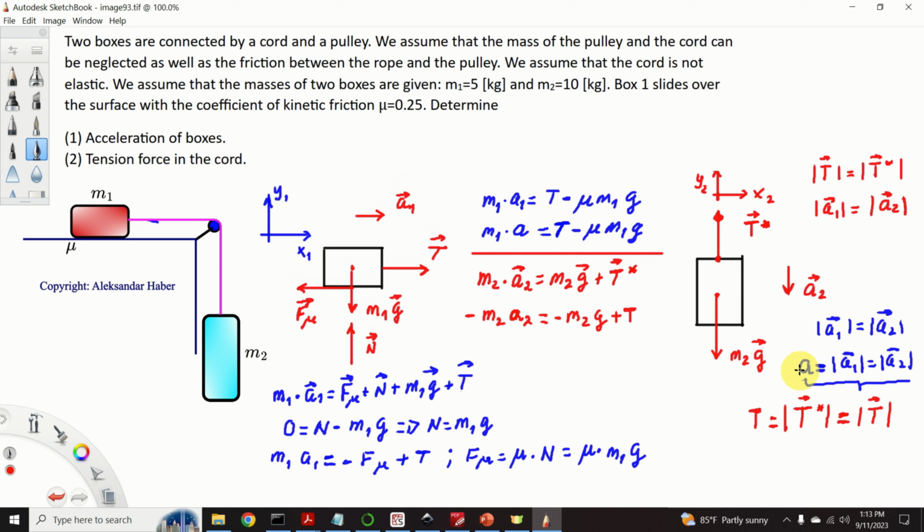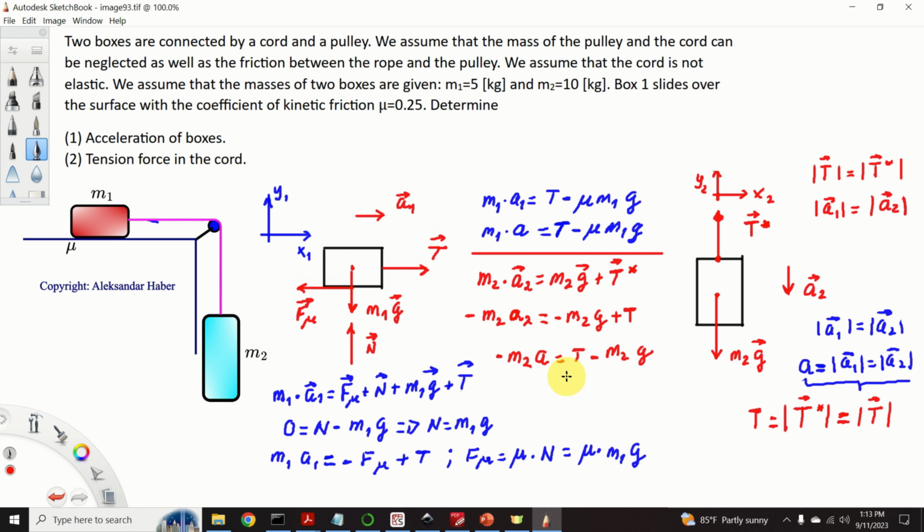Okay, next, we will use this equation to write this equation as follows. Minus m2a is equal to, let's write, T minus m2g.